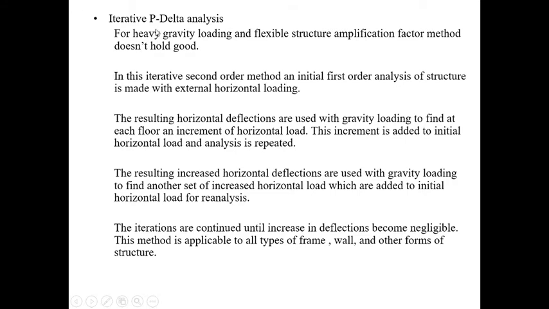Now in the iterative P delta analysis, the second order method, an initial first order analysis of the structure is made with the external horizontal loading. The horizontal loading acts on the structure, and from that the first order analysis is done. Then the horizontal deflections obtained are used with the gravity loading.